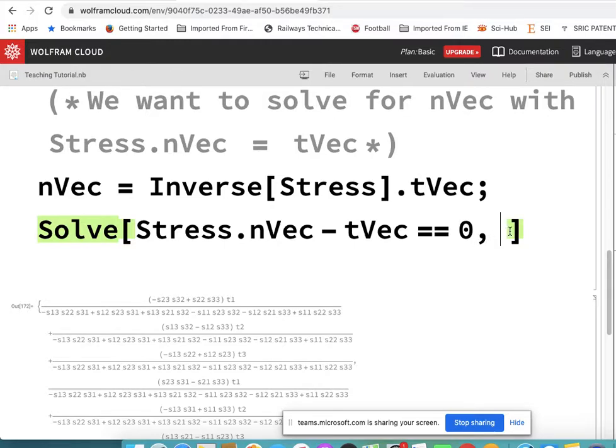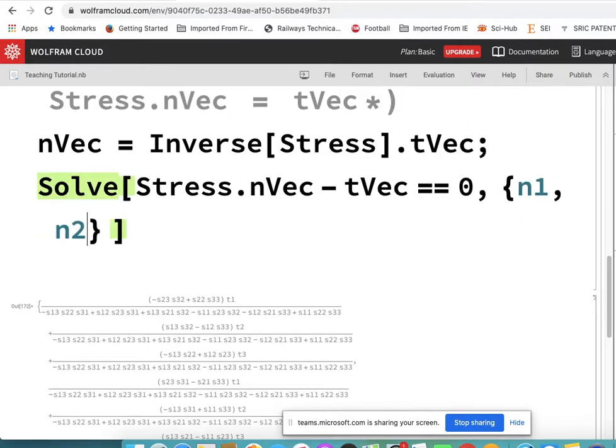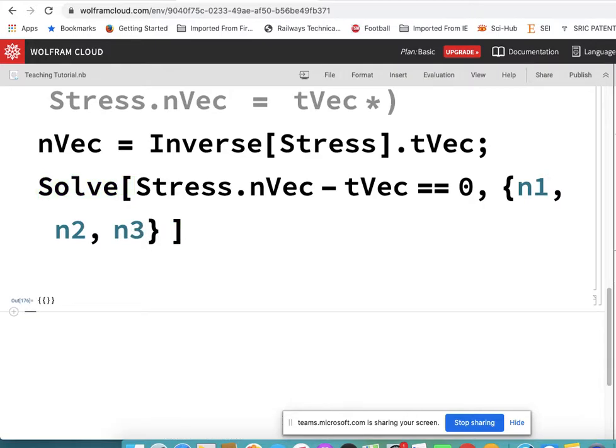Solve this particular equation for what? For n vec, or for n1, n2, n3.